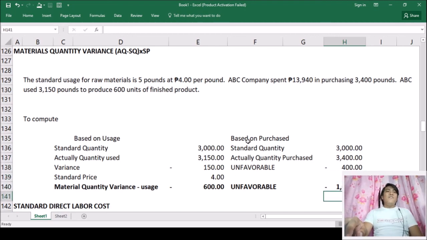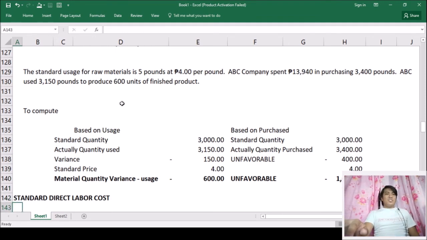Okay? Hopefully, you get the point on this particular item. So, to sum up, no, how to compute the material quantity variance, that is actual quantity minus standard quantity multiply at standard price. Okay? Okay, and if material quantity variance is used, it is usually based on usage.